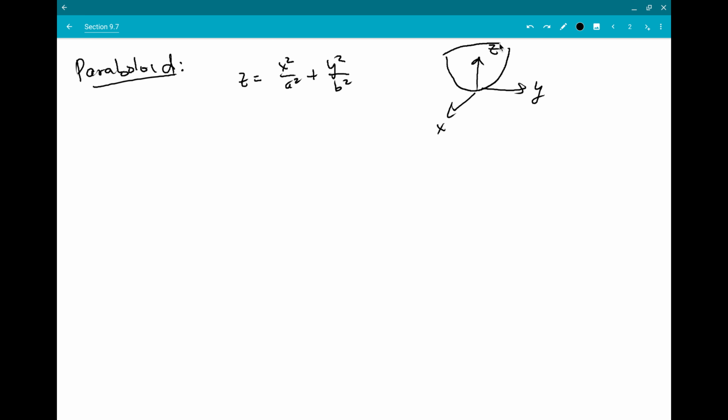No. The more careful I try to be, the worse it is. Okay, so it's kind of like that, more rounded than a cone. And since the z doesn't have that squared term like cones and spheres do, there's no negative part. That's how you can distinguish a paraboloid from a cone or a sphere, or in particular, a hyperboloid.